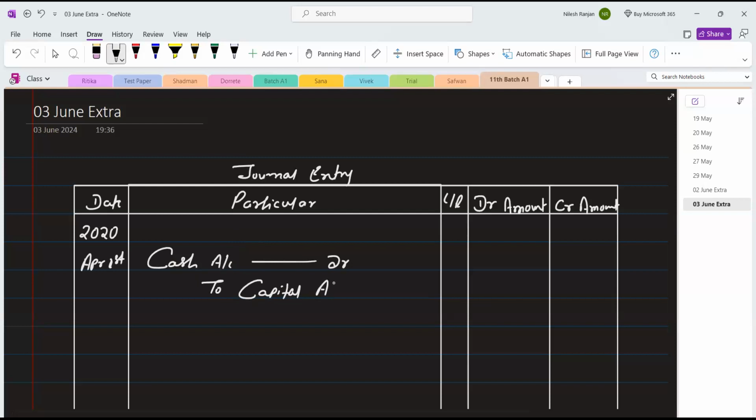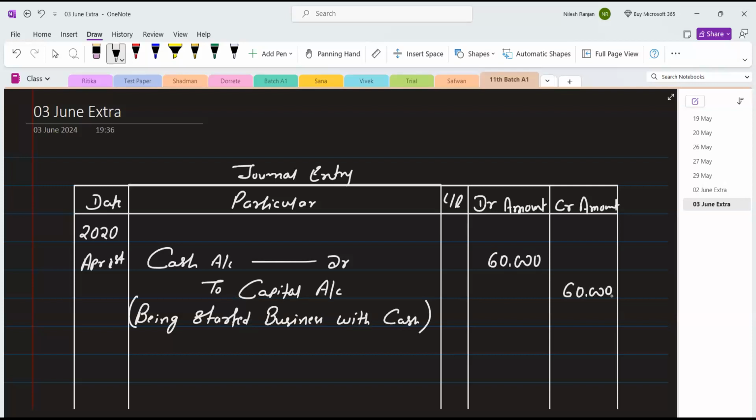Now you have to write the transaction detail also. So you will write: being started business with cash. So the cash we are putting into the business would be counted as capital, right? Yes. Okay, so it's 60,000. Debit amount we will write 60,000, credit amount, yeah, 60,000.